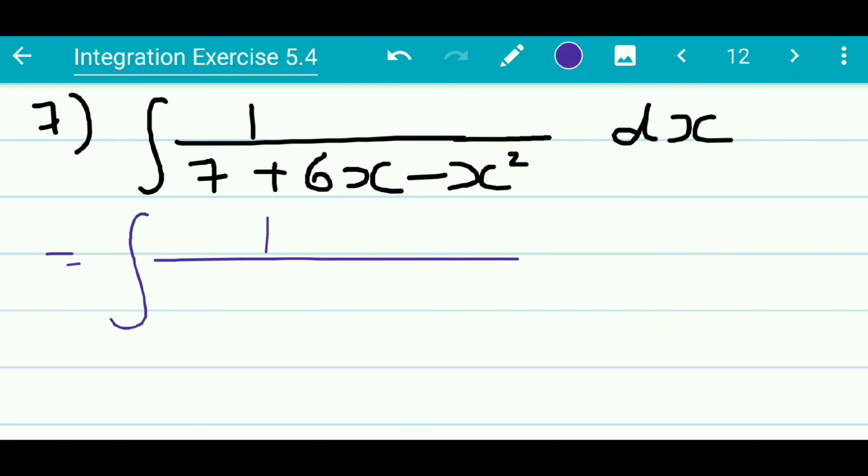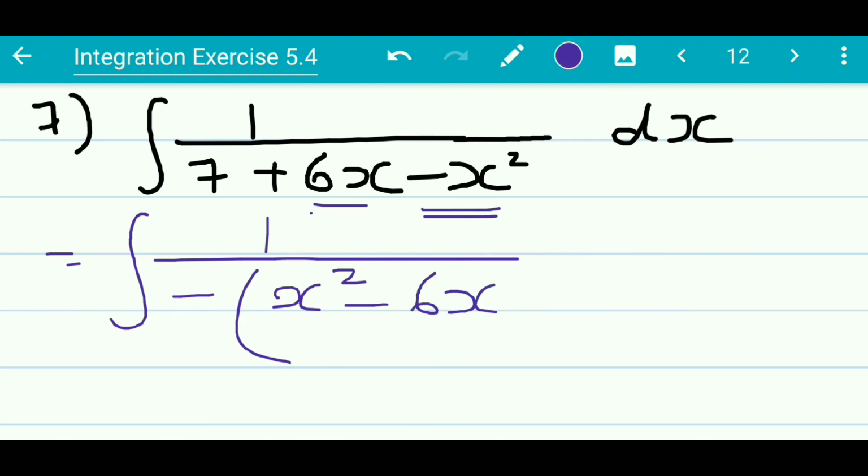We put a minus sign outside the bracket first, so that inside the bracket all the signs are changed. So minus x square becomes plus x square inside the bracket because of the minus sign outside. Plus 6x becomes minus 6x. And plus 7 becomes minus 7.